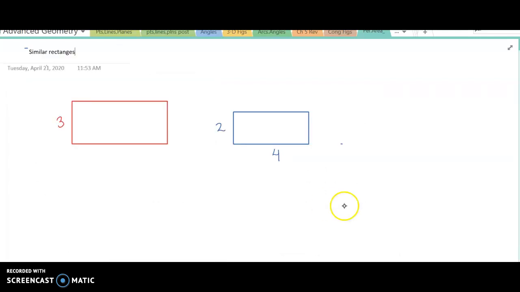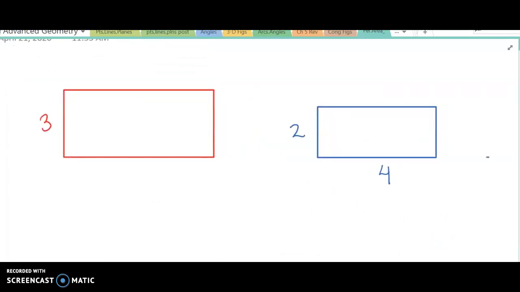So we're just gonna play along with red rectangle and blue rectangle. And let's name this one the greatest of all time, and let's name this one troll. All right, so we have rectangle troll is going to be similar, so I'm going to do a squiggle, to rectangle goat.